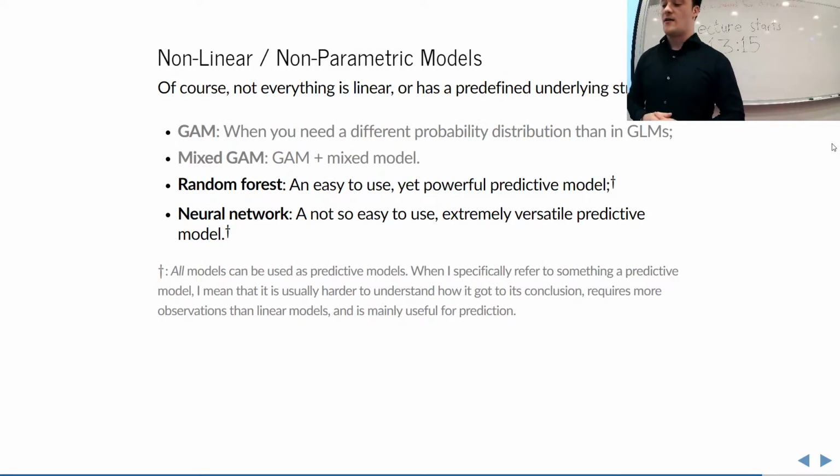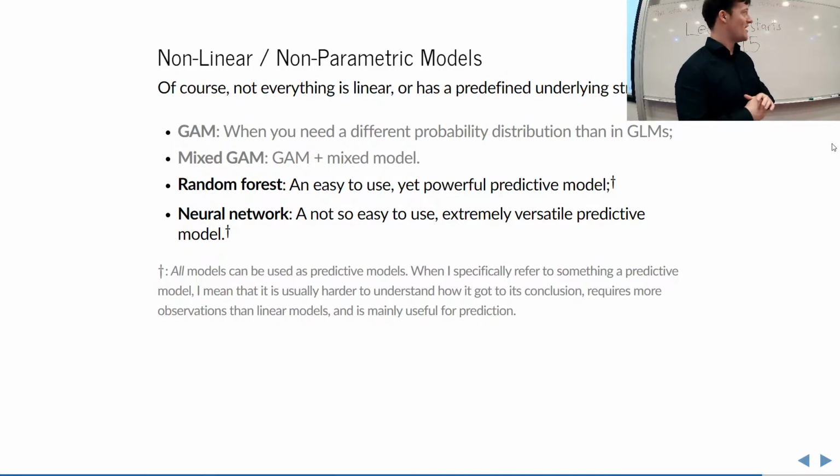Okay, I just wanted to give you full disclosure that in fact not everything is linear. So in gray, again, the GAM, Generalized Additive Model, is not part of the course. That's why I made it gray. That model, if we're going to be very strict, is still linear actually, but it is no longer a parametric model.